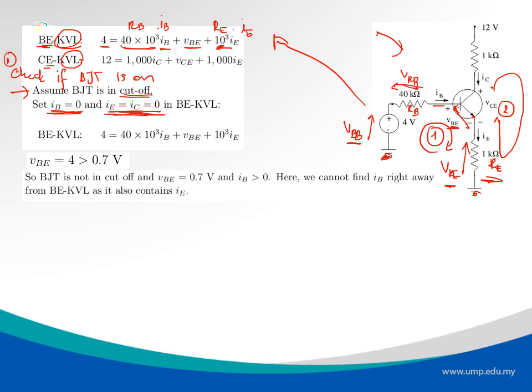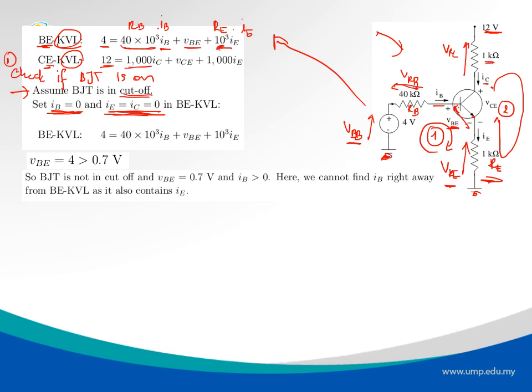In the second KVL, let's verify. We will have the 12 volts. If we go here, 12 volts equals VRC. What is VRC? It's RC multiplied by IC.